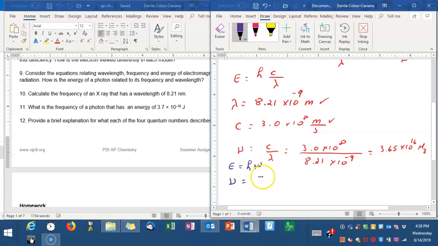From here, the frequency is the same as energy over h, which means the energy they gave, 3.7 times 10 to the negative 18 joules, divided by Planck's constant, 6.626 times 10 to the negative 34 joule seconds. Joules cancel each other out, so you're going to have as a unit 1 over second, and the number is 5.6 times 10 to the 15 hertz.